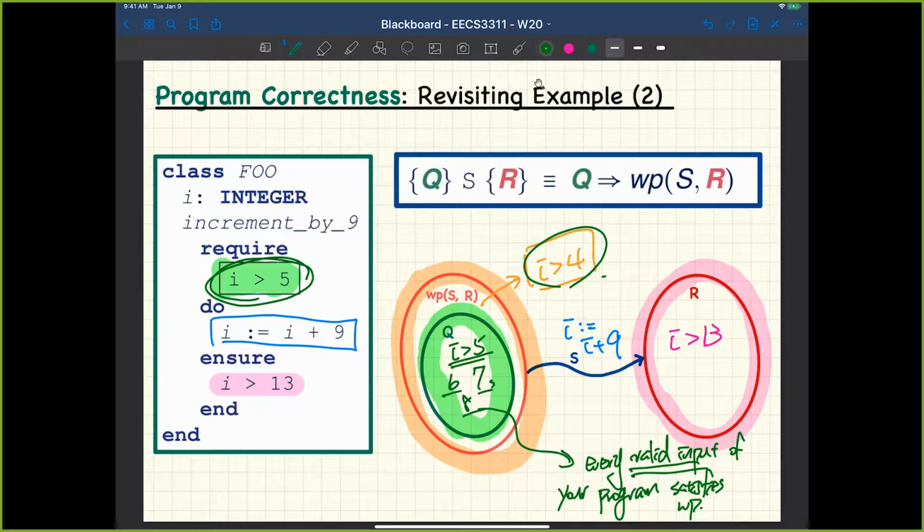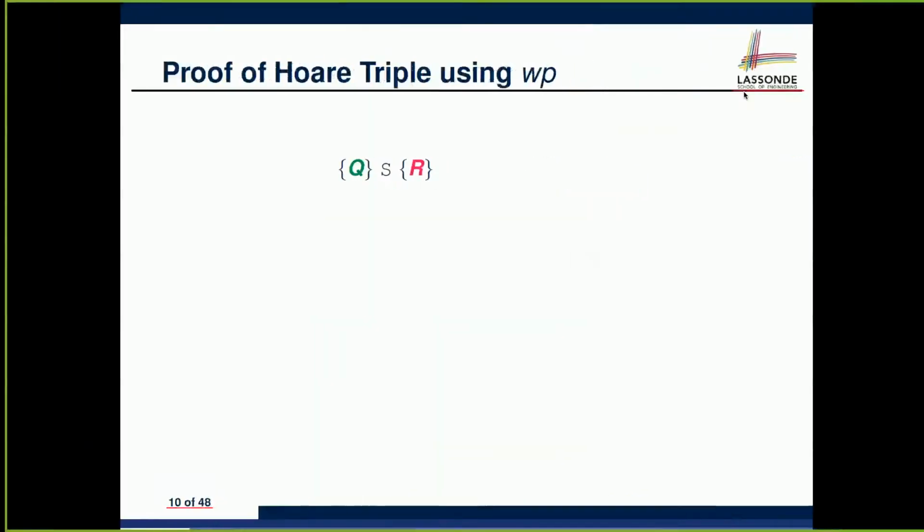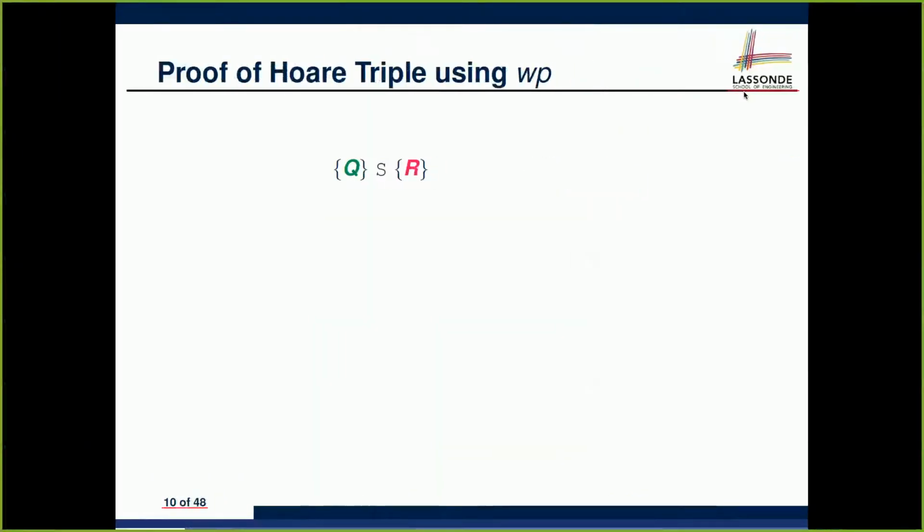So when you go back to the slides, if I am given this particular Hoare triple, I got precondition, I got postcondition, I also got implementation. In order to prove that this Hoare triple is actually a theorem, I need to do 2 steps over here. I'll write it down.